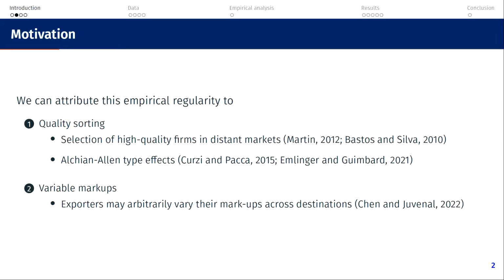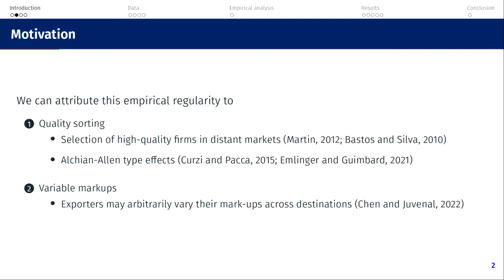If you have a high quality version of your commodity, you are sending it further away. We could also have some Alchian-Allen type effect, where specific tariffs, or distance as a specific or unit trade cost, would make higher quality products cheaper relative to the low quality ones if they are sold in distant markets.